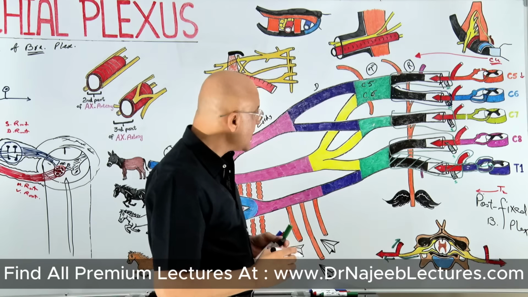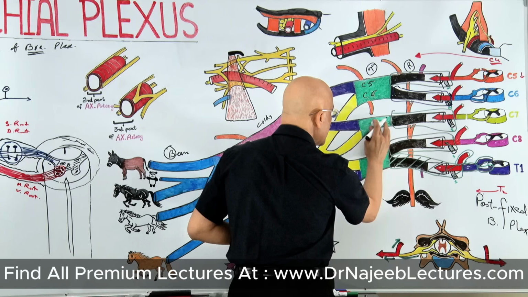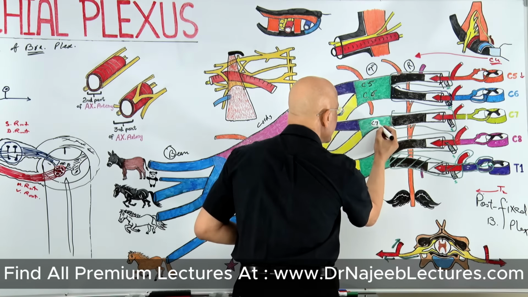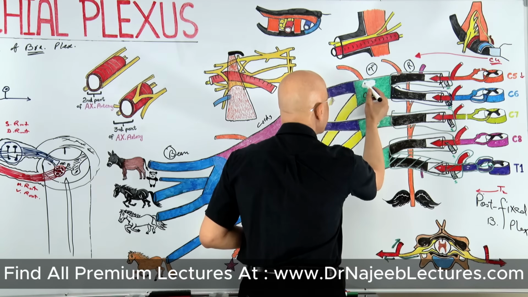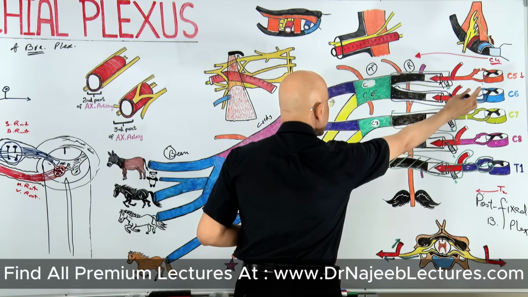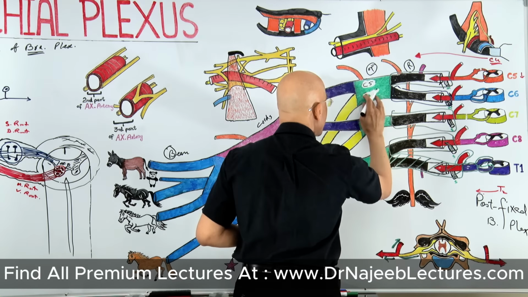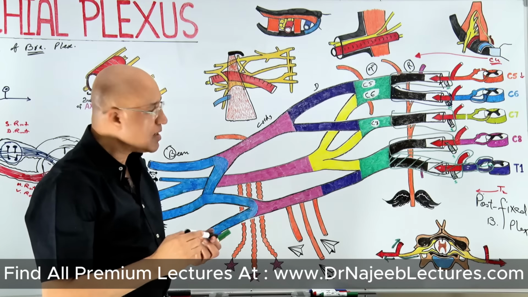Right? But here, the middle trunk has fibers only from C7, right? Okay, I will make it here also. Here the fibers are only from C5 and also fibers from C6, right?